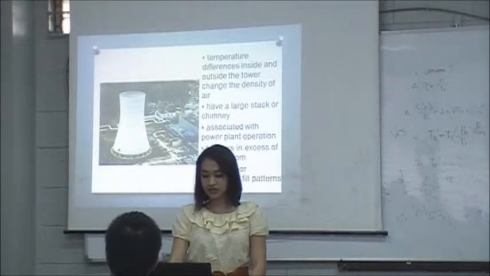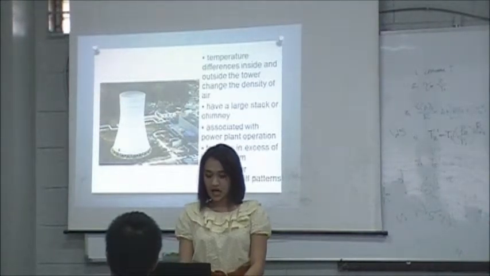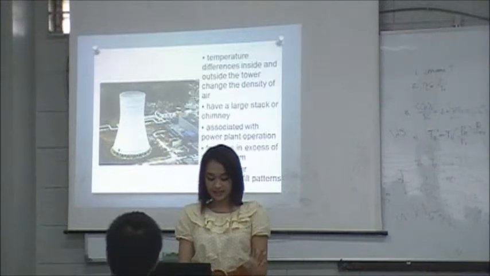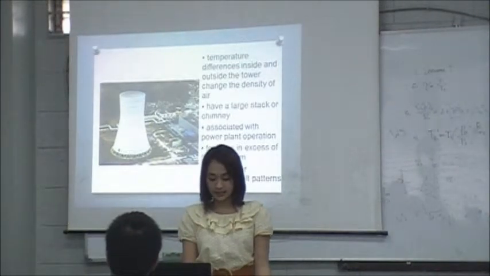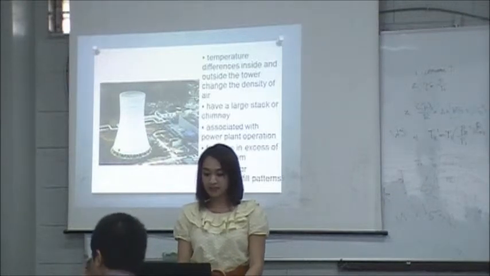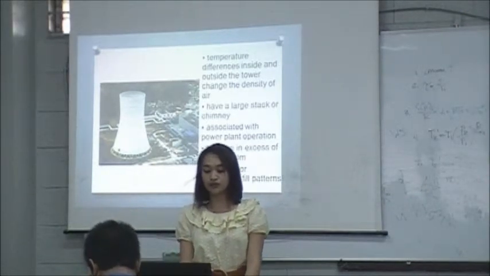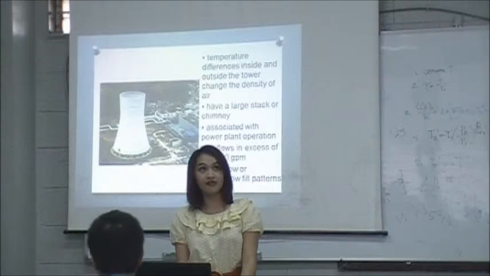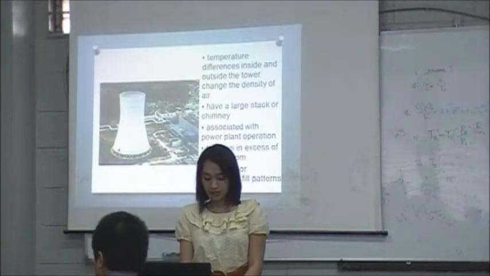Hyperbolic cooling towers are associated with power plant operation because their efficiency is linked to the relative humidity and temperature of the outside air. Hyperbolic cooling towers are used for flows in excess of 500,000 gallons per minute.